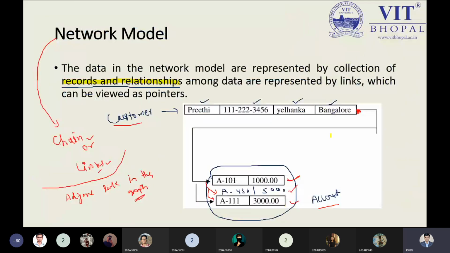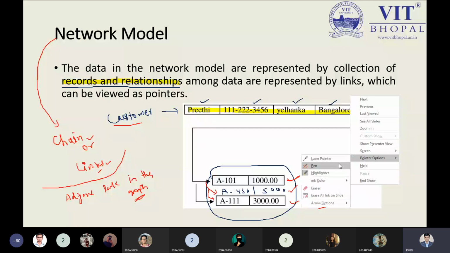Just look at the right side where I'm marking the dark circle. Here we are not writing the account number. This is the record which belongs to Priti, and she belongs to account number A111.